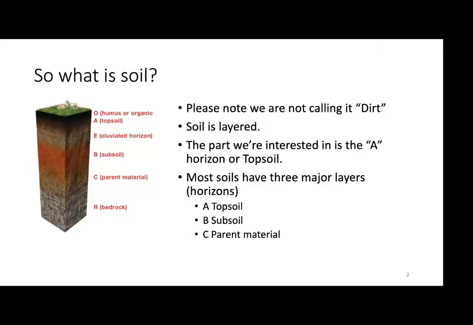Soil is layered. In soil science, we call those layers horizons. The horizons, if you can see my cursor here, the first is going to be the humus layer, which is the organic material on the top. Just below that organic layer is the topsoil layer.